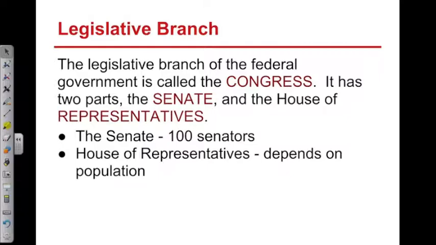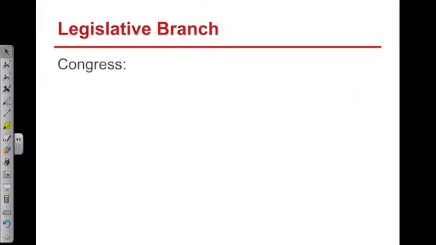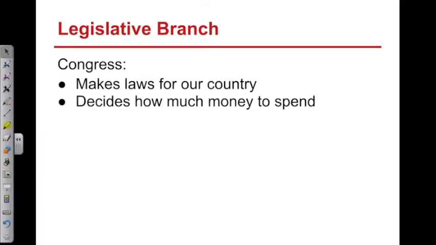In Kansas, I believe there are 4. If you have a larger population, you get more representatives in the House. Now, Congress is in charge of making laws for our country. They also decide how much money to spend. While the president creates the budget, the legislative branch is the one that actually spends the money.